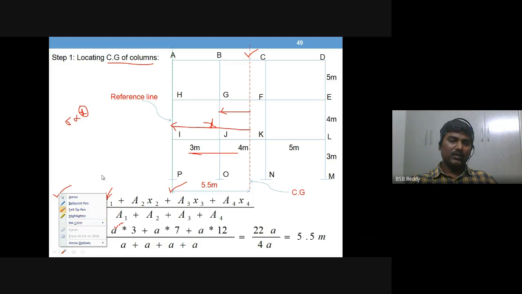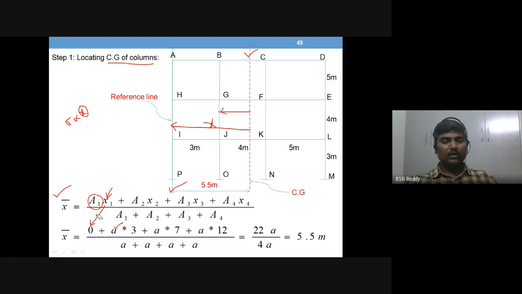Until you calculate the x bar value, all your distances are from the reference line only.